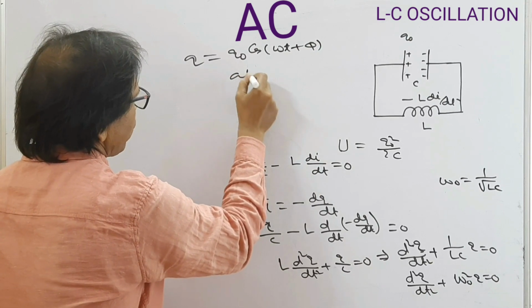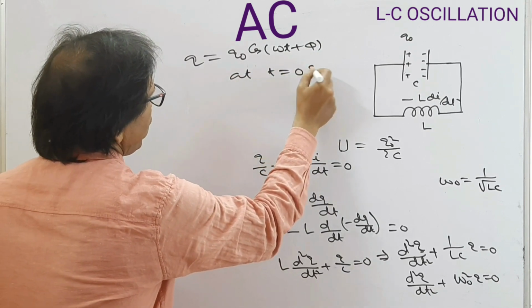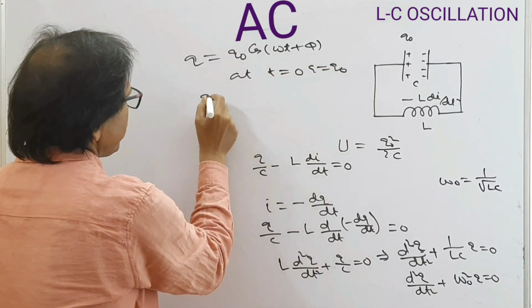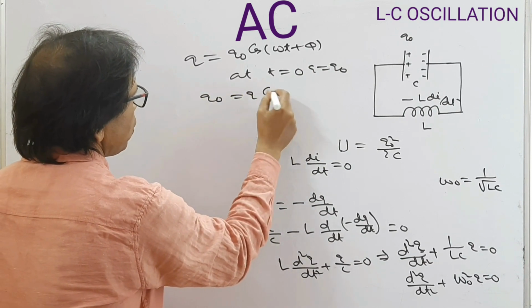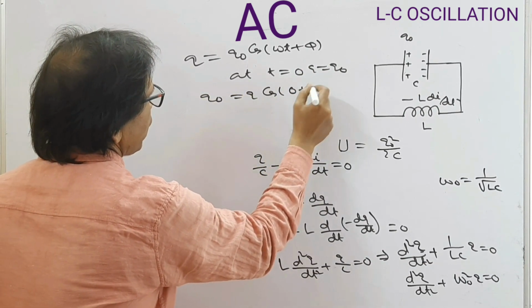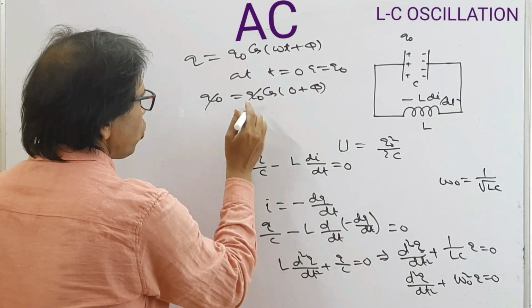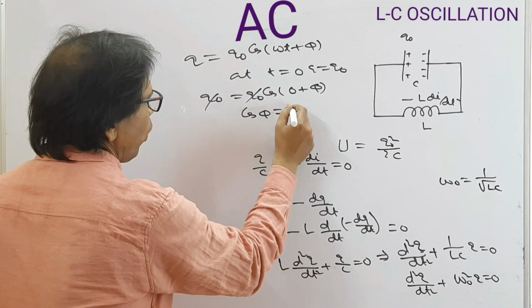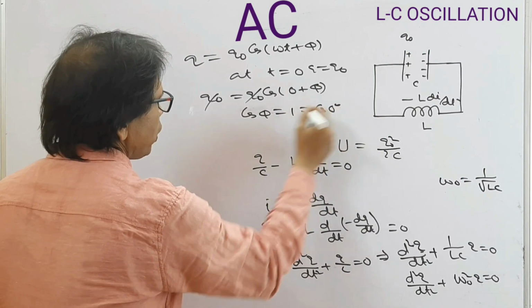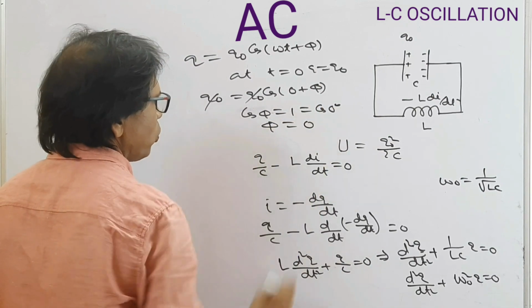Now at t equal to 0, Q equals Q naught. So Q naught equals Q naught into cos(0 plus phi). So this cancels out, so cos phi is equal to 1. So this is cos 0 degree. Therefore phi equals 0 degree. Okay.